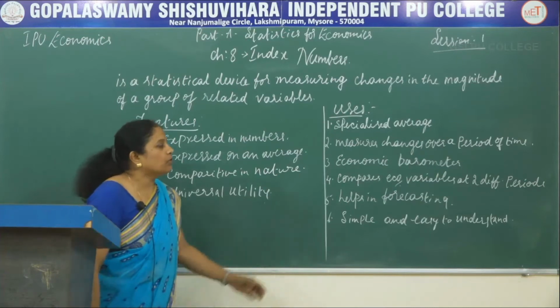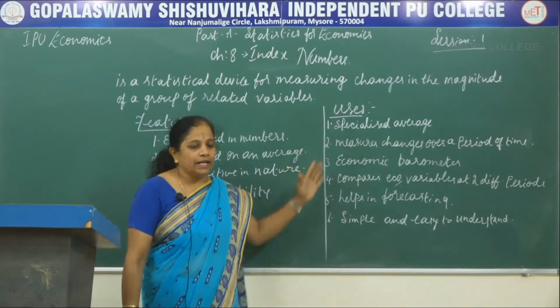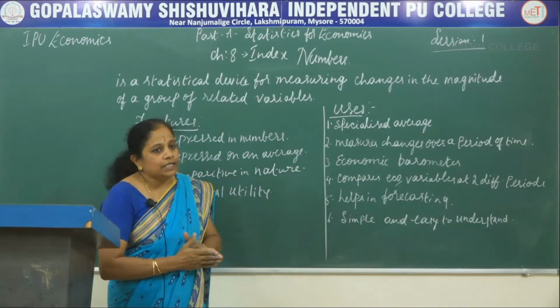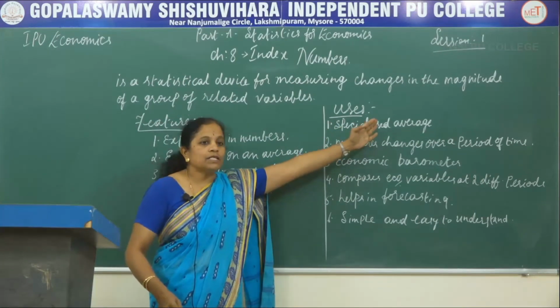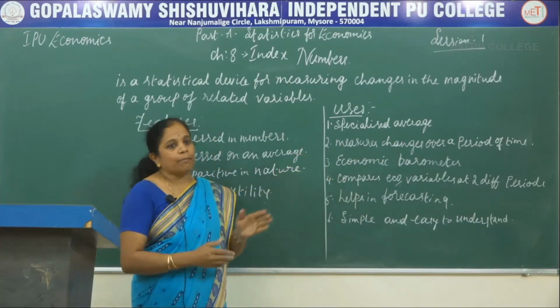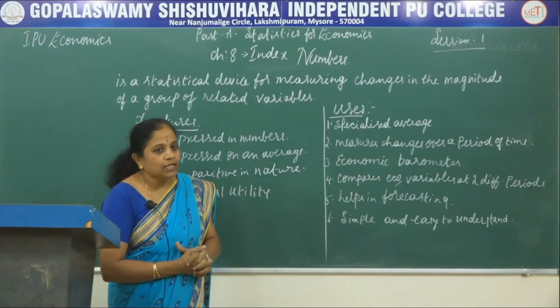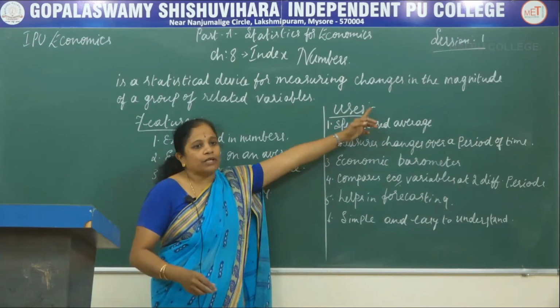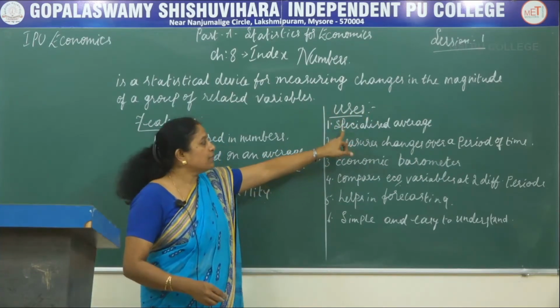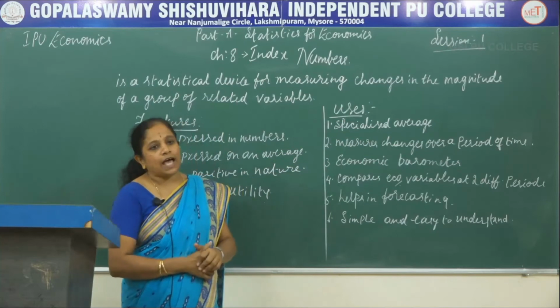Now, let us see the uses of these index numbers. Why are these index numbers constructed? These index numbers are highly helpful in the comparison and analysis of data. They have greater uses. The first one is specialized average.